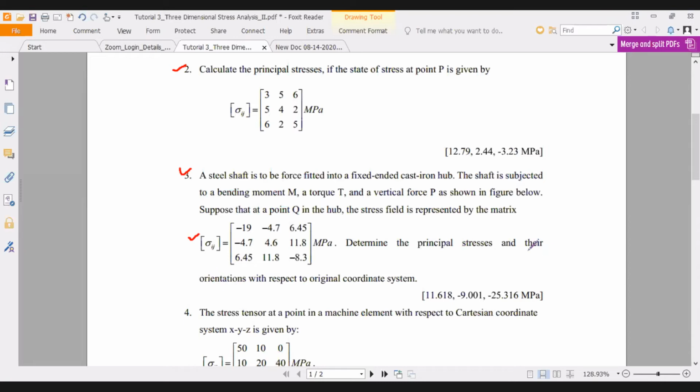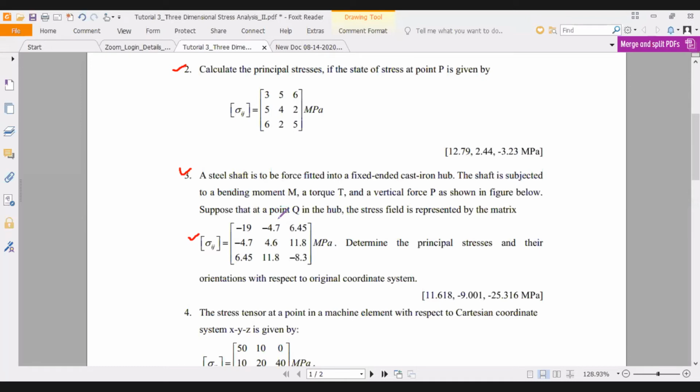Here, orientation means you need to calculate the direction quotient of the normal to that plane. And with the help of that direction quotient, you can easily calculate the equation of the plane, the orientation of the plane with the coordinate systems and all those things. Okay, so again, this is a very basic question.